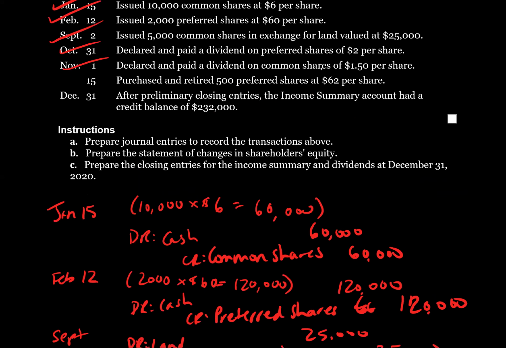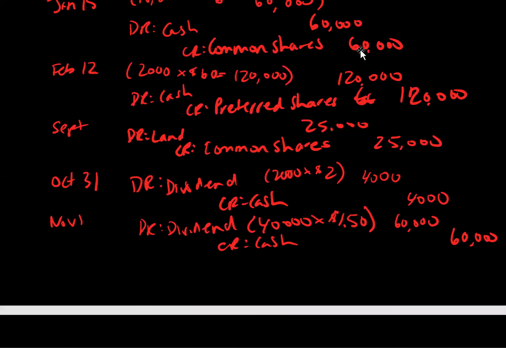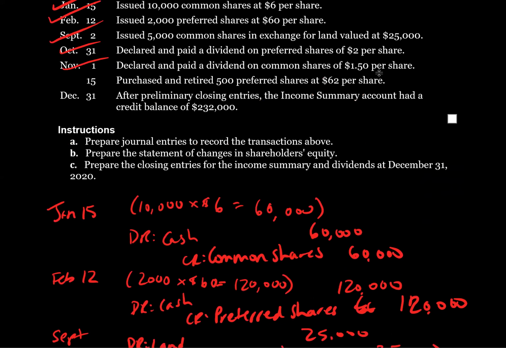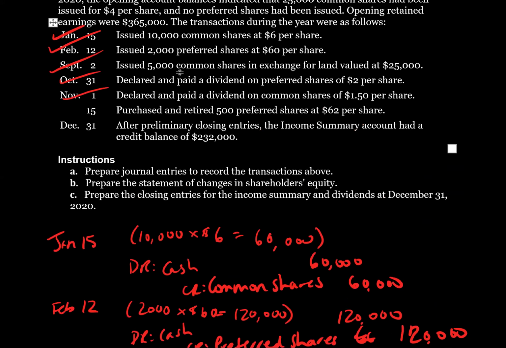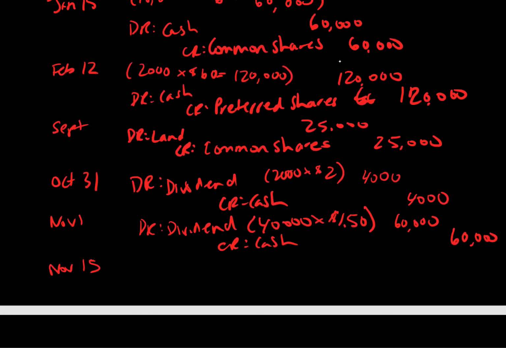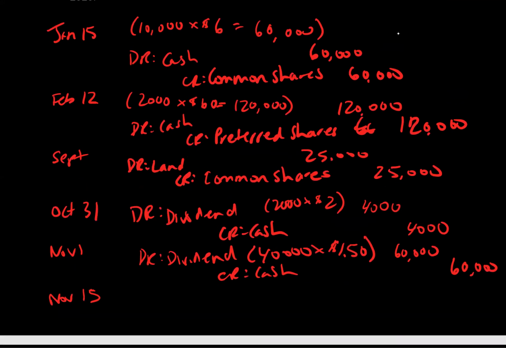And then we purchased and retired 500 preferred shares at $62 per share, November 15th. So how much were the shares worth? We issued the preferred shares for the first time at $60, so 500 times 60 gives us 30,000.